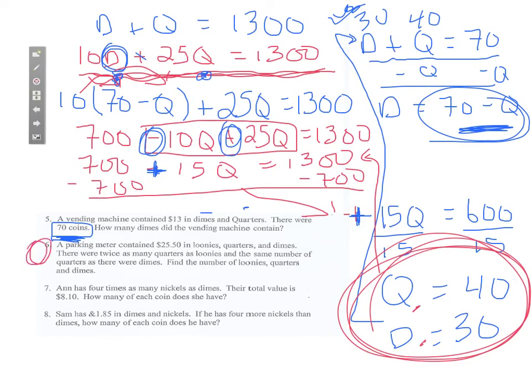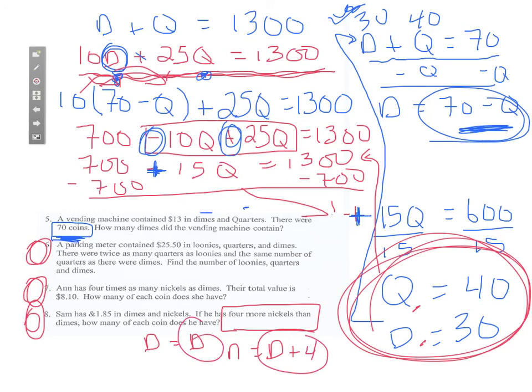All these types of questions are exactly the same. Here, 4 more nickels than dimes. Well, then D is equal to D. Nickels is equal to D plus 4. So now you have your same variables, just like we need up here.